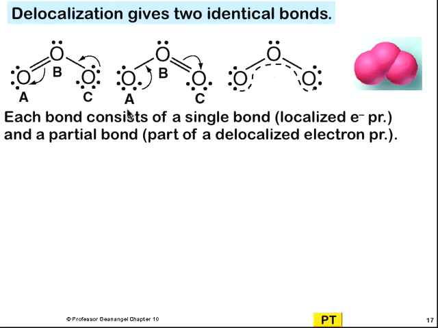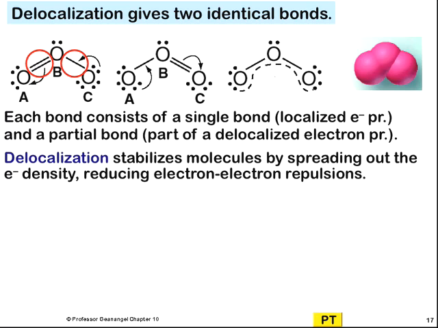So each bond consists of a single bond, a localized electron pair bond, and a partial bond, which is part of a delocalized electron pair. The consequence is that if you think about an average of the single bond and the double bond, this hybrid has something between a single bond and a double bond.